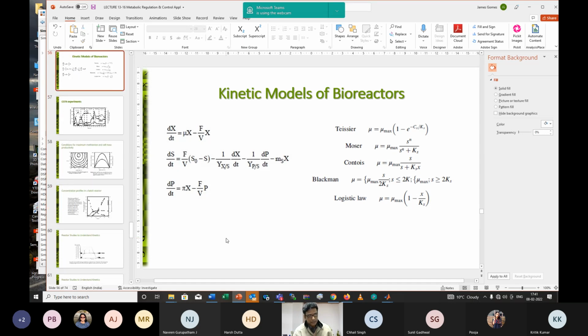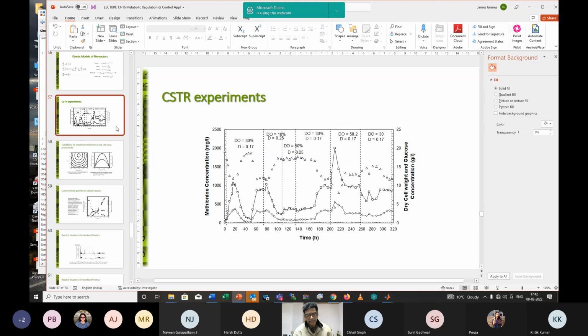But I'm just going to illustrate that when you're doing a proper research problem, there are other things that need to be accounted for. And this one I'm going to discuss in terms of methionine synthesis. When methionine was being synthesized, there was a series of CSTR experiments that were done to obtain the kinetics of the process.